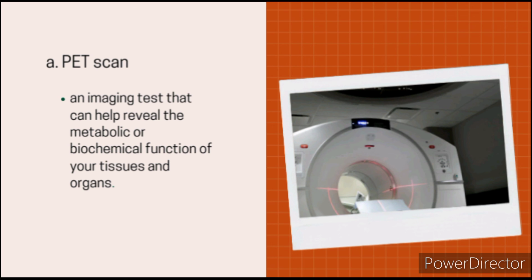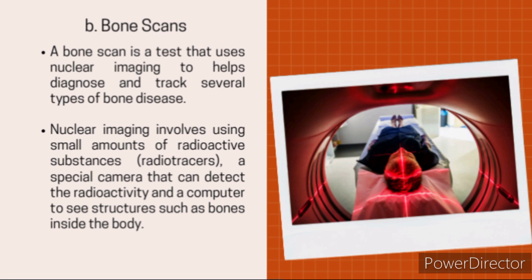First is the PET scan, an imaging test that can help reveal the metabolic or biochemical function of your tissues and organs. Second, bone scans. A bone scan is a test that uses nuclear imaging to help diagnose and track several types of bone disease.